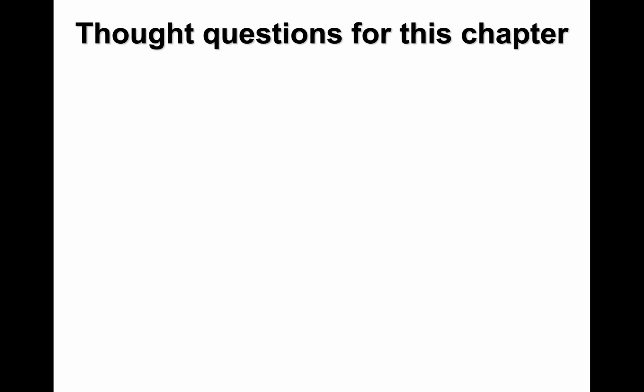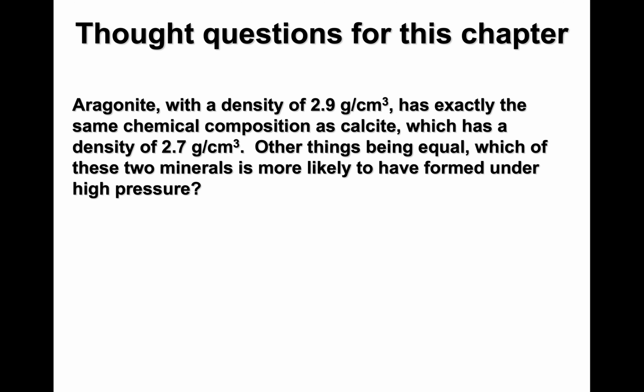Here again are some short questions for this chapter. Aragonite, with a density of 2.9 gram per cubic centimeter, has exactly the same composition as calcite, which has a density of 2.7 gram per cubic centimeter.